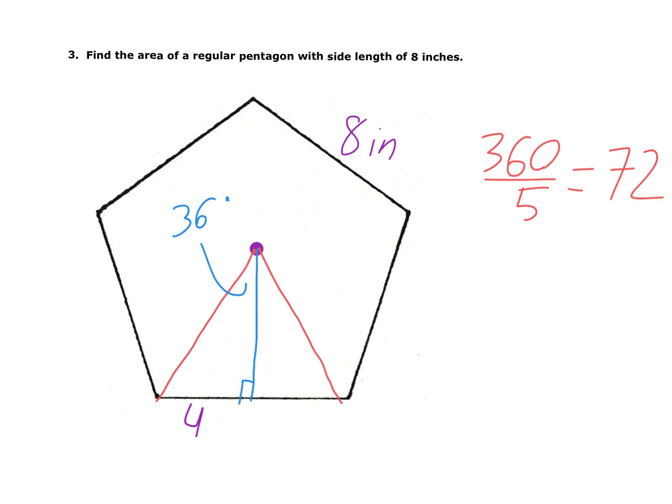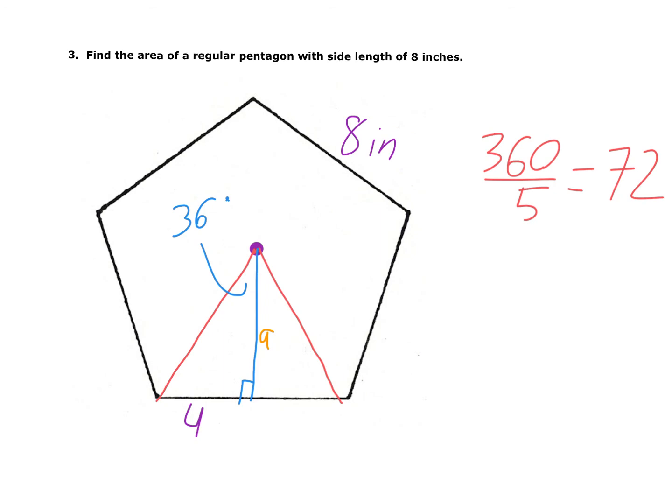So now, I have an angle, I have an opposite side, and I want to find the apothem, which also happens to be the side adjacent to my 36-degree angle. So I'm going to call my apothem just A, as it stands for both the apothem and my adjacent side. To find my A value, I'm going to use my trigonometry rules.